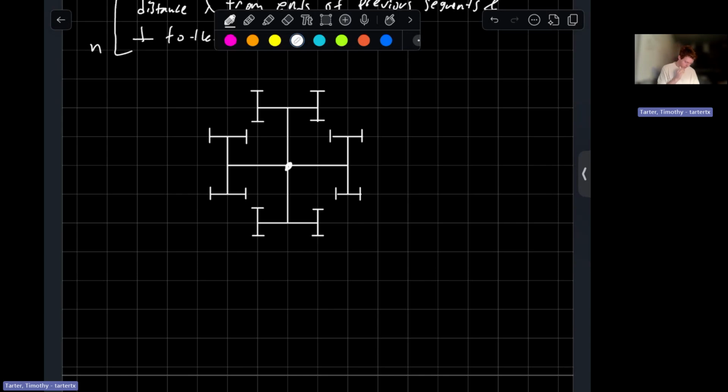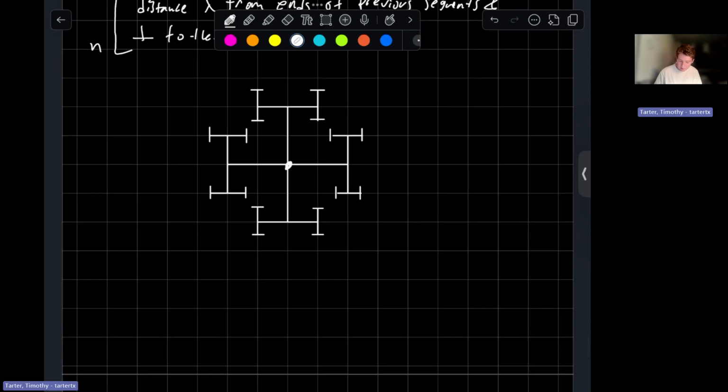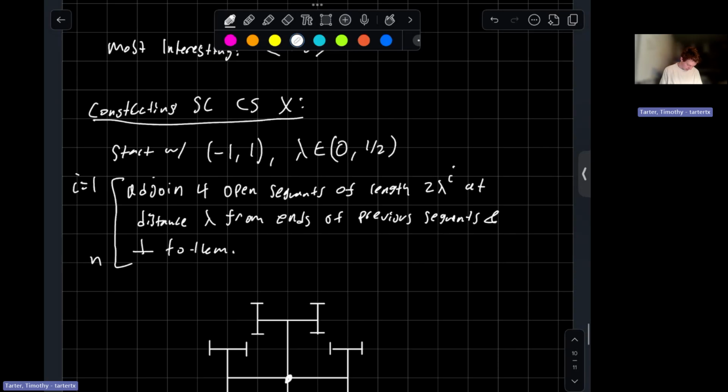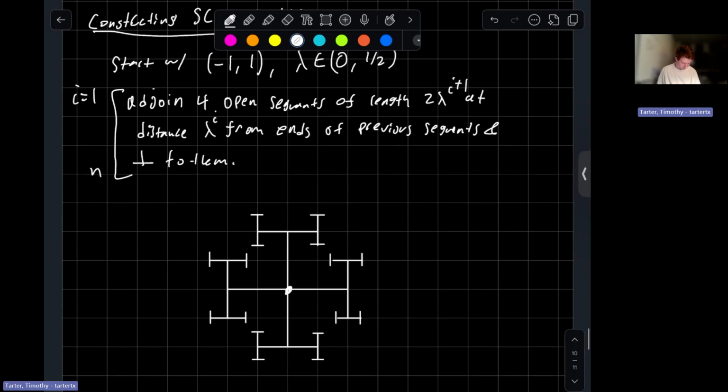And so on and so forth. Never mind that these are not very well done. Oh, and this is at distance lambda to the I minus 1. No, it's length lambda to the I plus 1. Yeah, there we go.